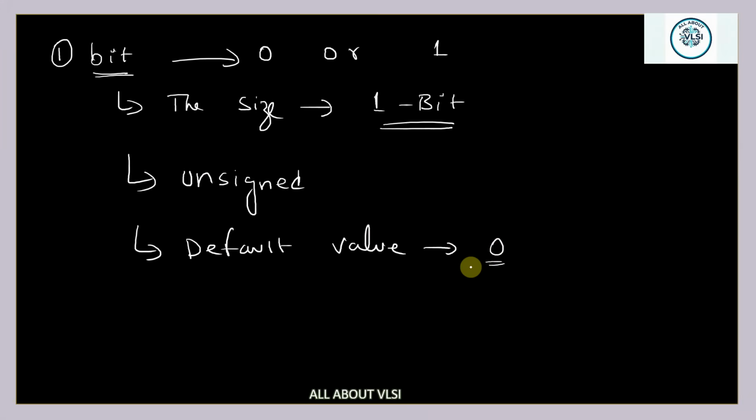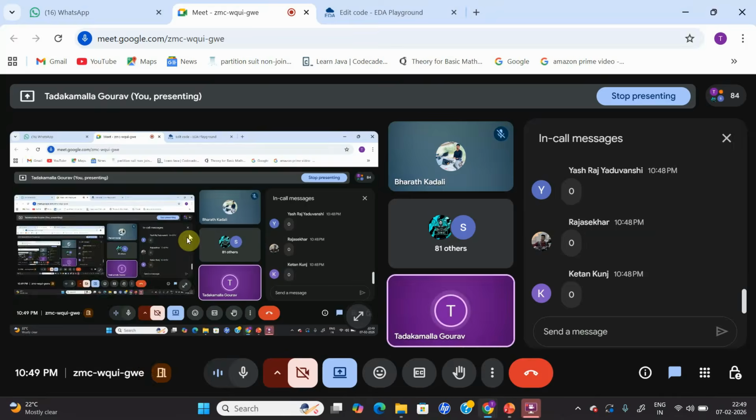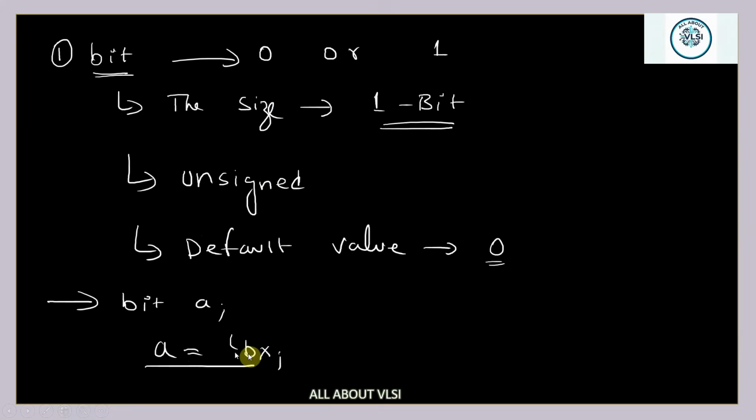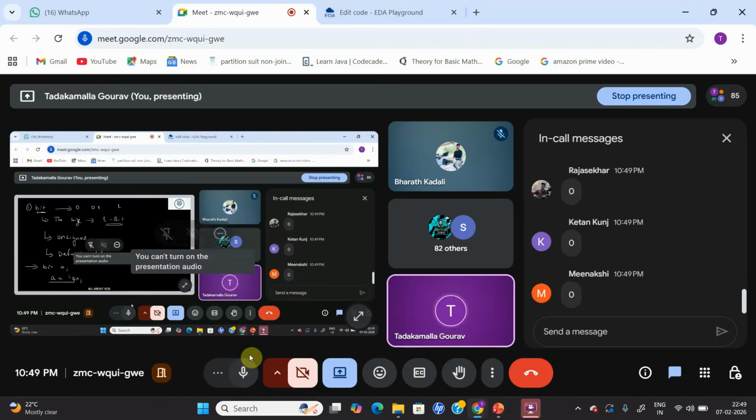Okay. So let's say I declare a bit like this, bit A, and I write A is equal to 1'bx, and if I display the value of A, what do you think is going to be displayed?